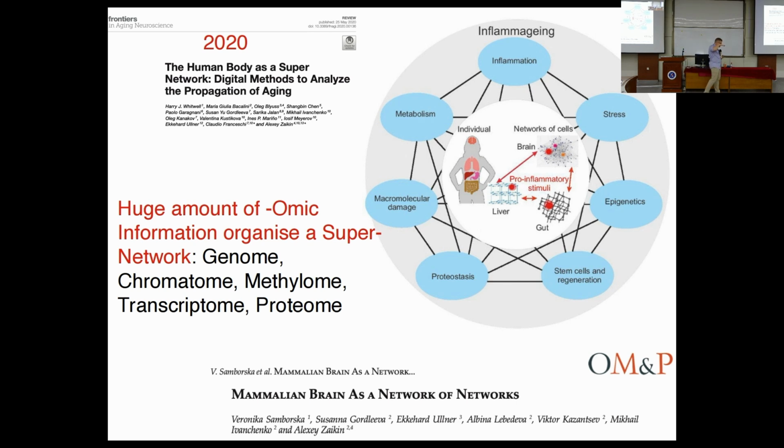On top of it, we have local integrators, glial cells, astrocytes, again approximately the same number, 86 billion cells. So all this huge set of numbers to characterize state is actually organized in a kind of super network. But that's not all.